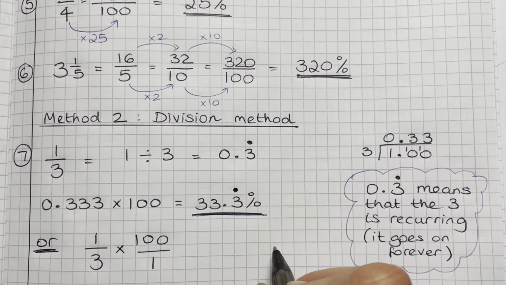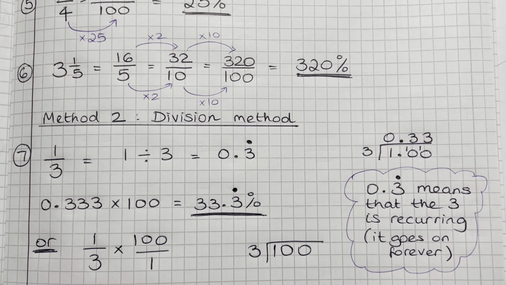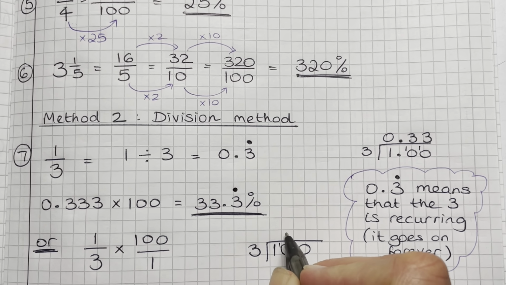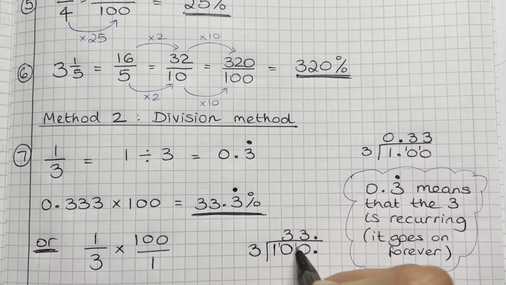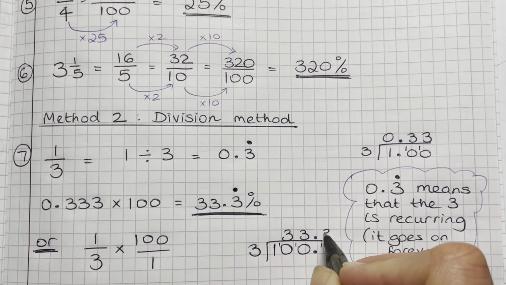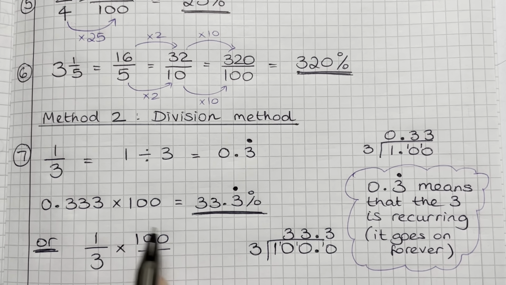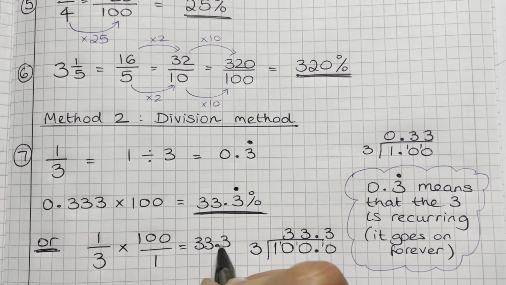So you would have 100 this time that is being divided by 3, and you would end up obviously with 33, and then the same thing, you would just keep carrying and you'd get the 0.3 there. Okay, so that's just an option as well, that you go straight in with your percentage there rather than converting to a decimal first.